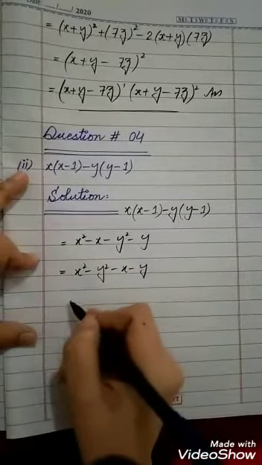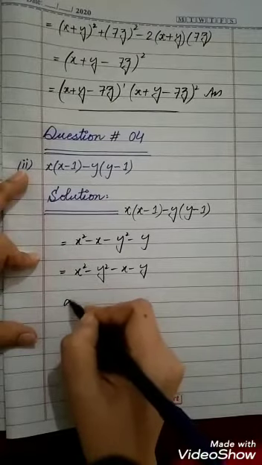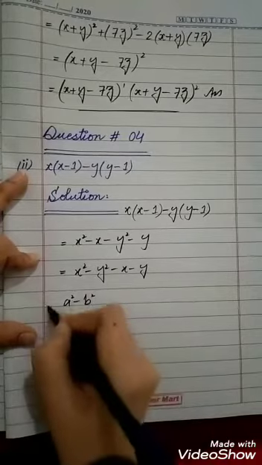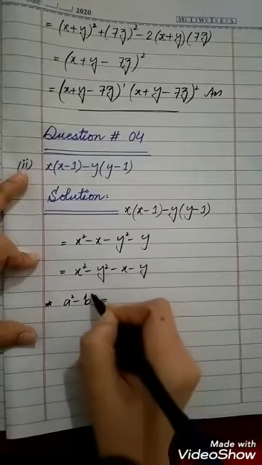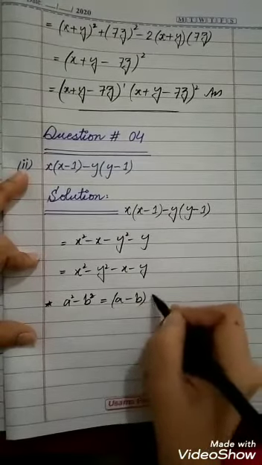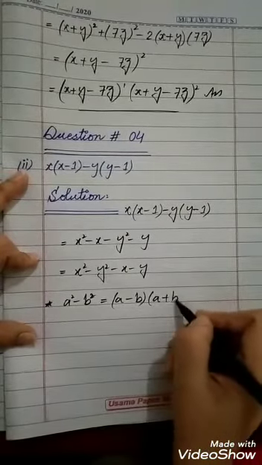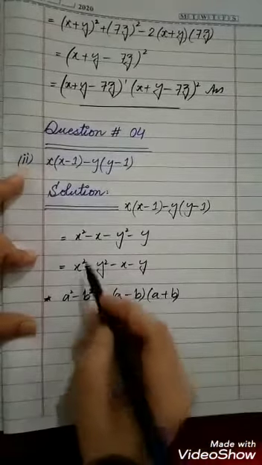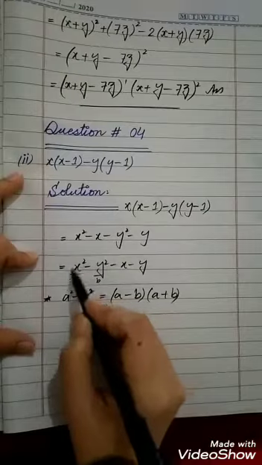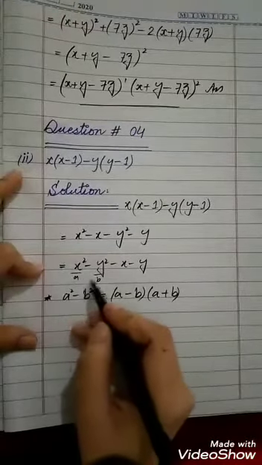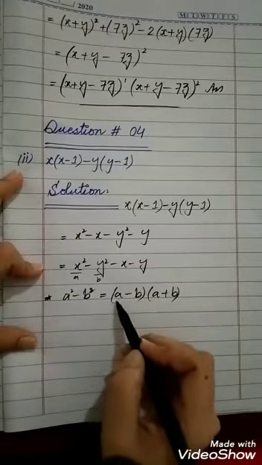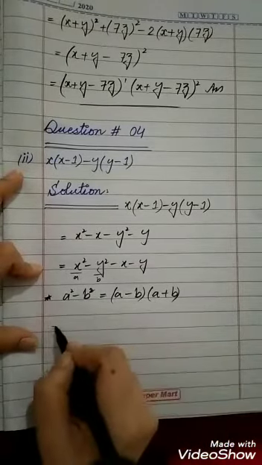Here we can apply formula, as you know, a square minus b square is equal to a minus b into a plus b. So we will consider that this is a and this is b. So we can apply formula here, a square minus b square equal to a minus b into a plus b.